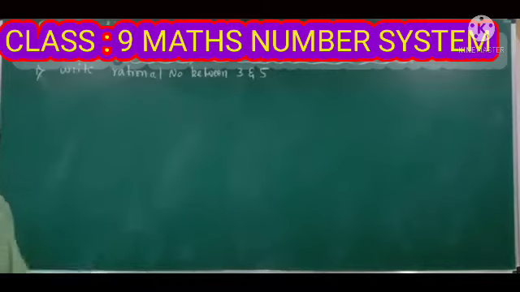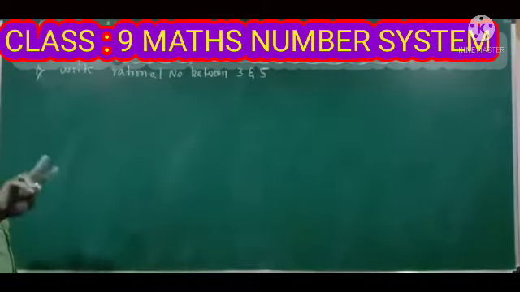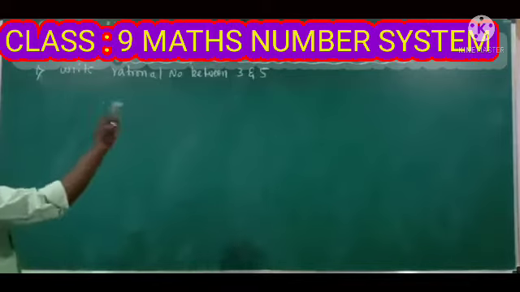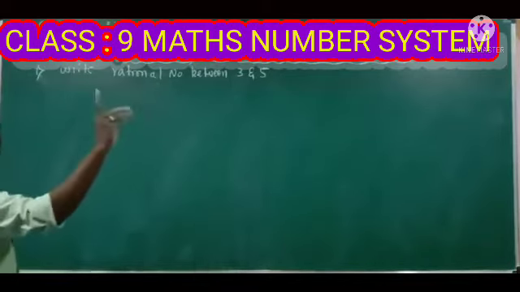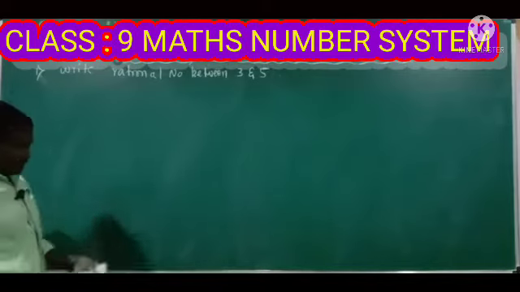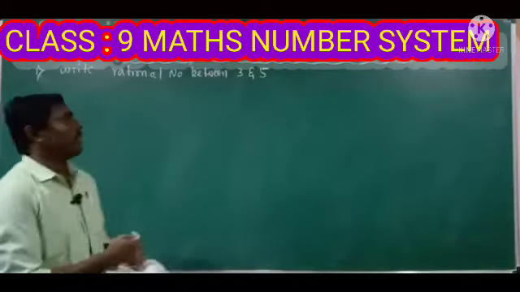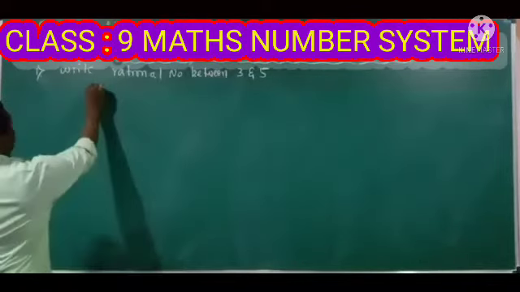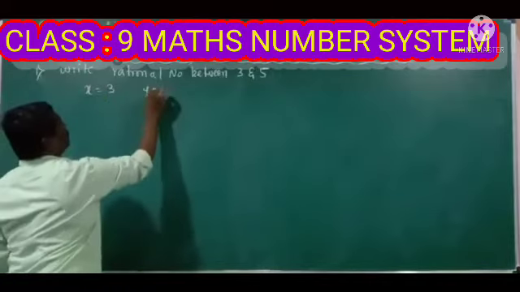In that, you have to take the two values as x and y. 3 and 5 are the two given values. You need to take those two values as x and y, and the condition is that x is always less than y. So x is equal to 3 and y is equal to 5.